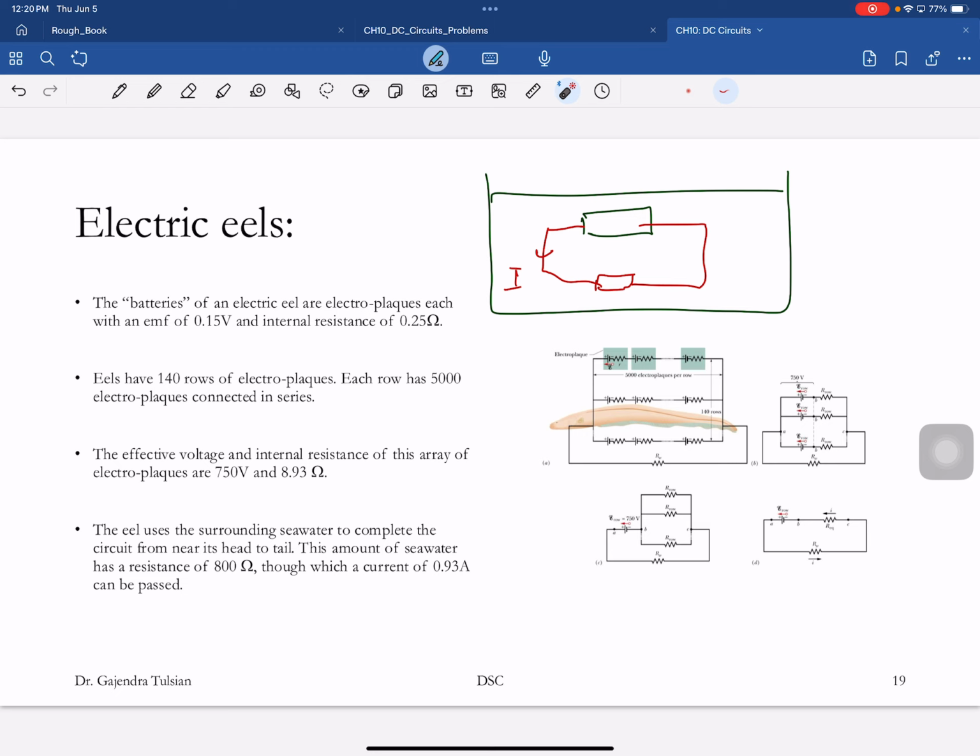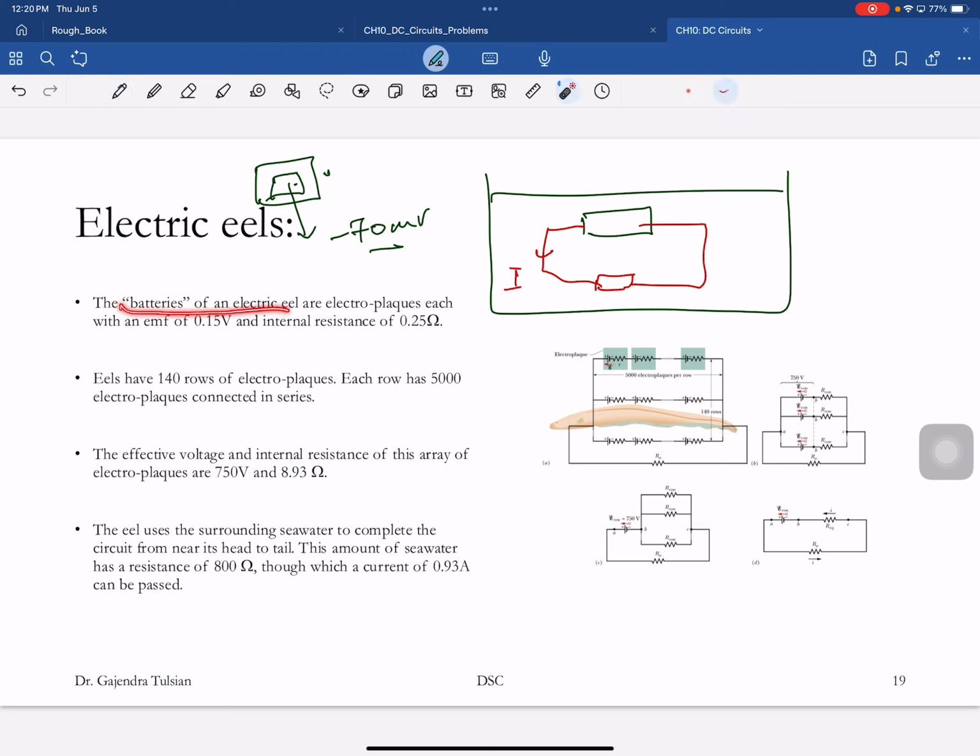So, in every cell in your body, in a normal cell, the voltage is minus 70 millivolts inside your cell. Okay, so inside your cell, it's 70 millivolts below the outside voltage.